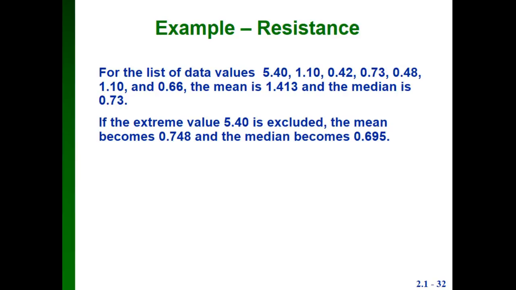If we exclude that value, so if we leave it out of the list and then we recalculate, the mean changes to 0.748 and the median changes to 0.695.